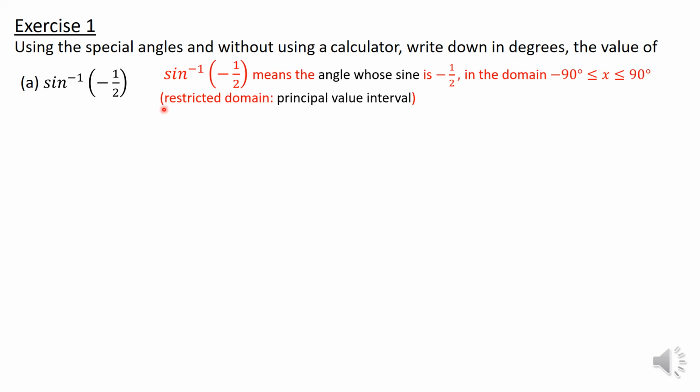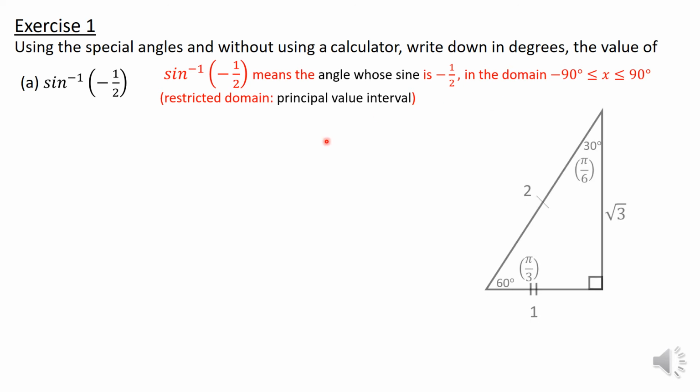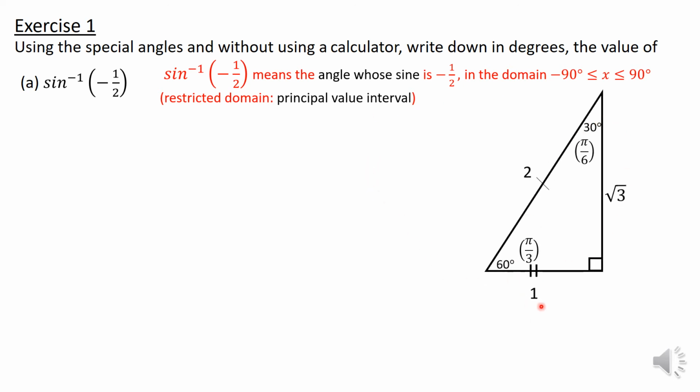So we also know from looking at this that we're going to deal with a negative angle, which will be in the 4th quadrant. If I bring my triangle back and look at what that angle will be, where I have 1 upon 2, then I have to talk about this 30 degrees here, or the pi upon 6 radians. But I'm not really interested in a negative value, because I know that the direction will be negative.